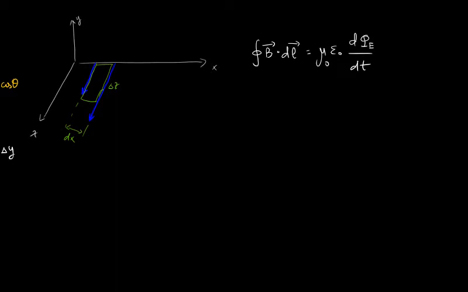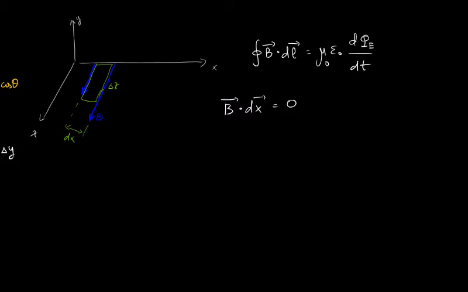So again, along the short sides of dx, B dot dl would be equal to 0 because the dx and the B are perpendicular to each other.